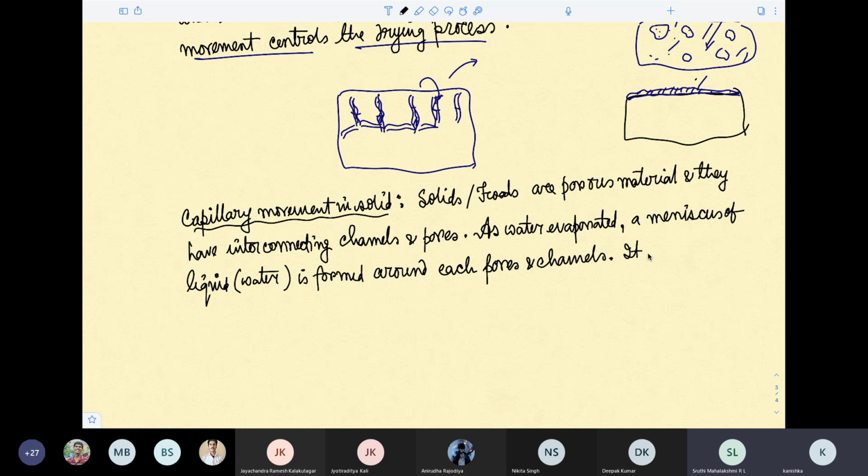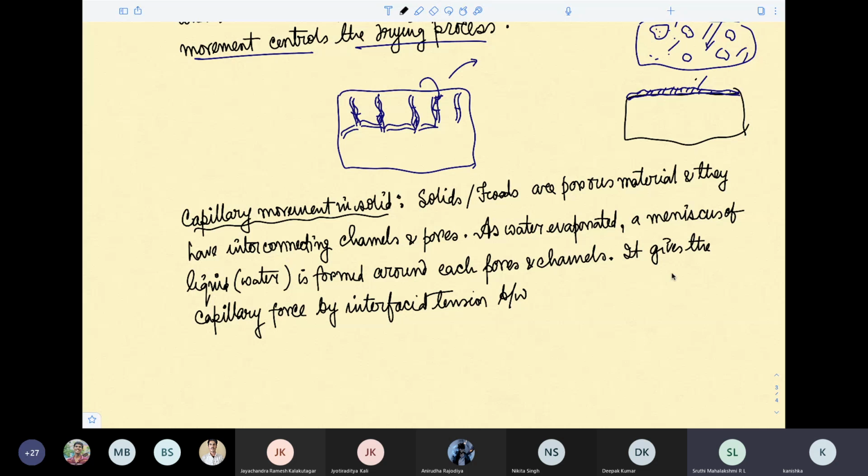It gives the capillary force, actually, capillary force by interfacial tension. That is very important. By interfacial tension between water and solid.